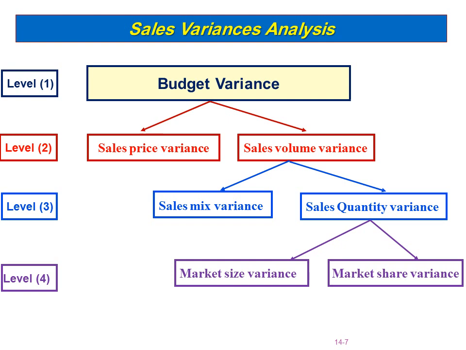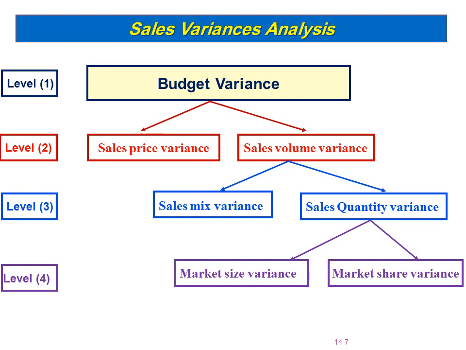Again, 4 levels. The first one, calculate the total budget variance or total sales variance, and then analyze the reasons for this variance. Maybe the price, maybe volume, like quantity in direct material variance analysis.